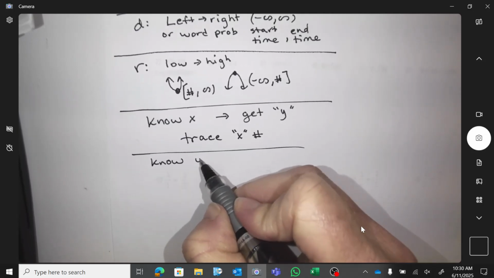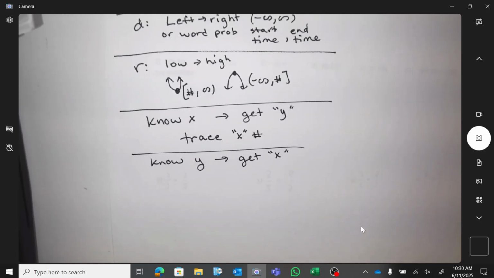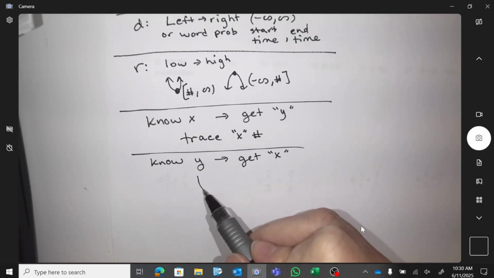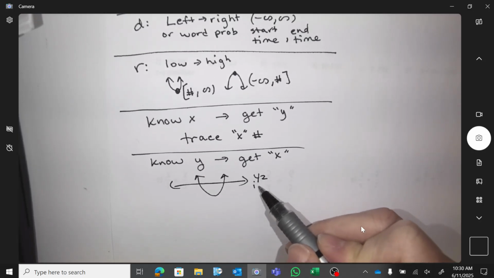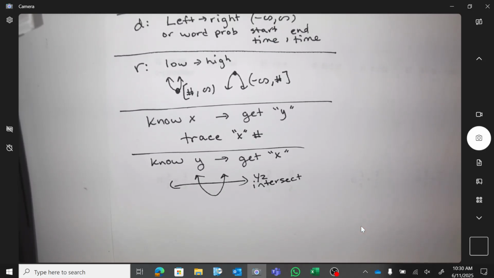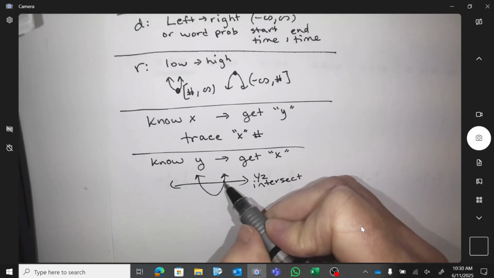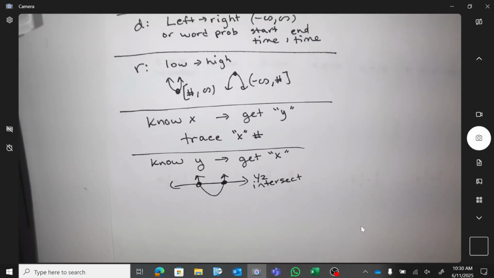What if this was backwards and I gave you the Y and you wanted to get the X? Then you do a Y2 and an intersection. Y2 intersection.